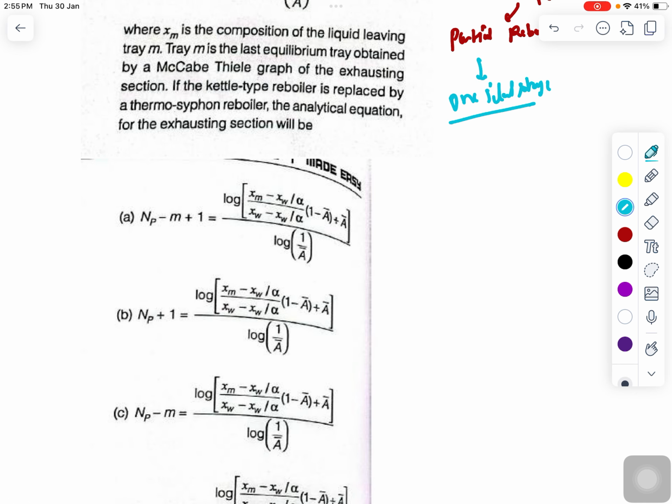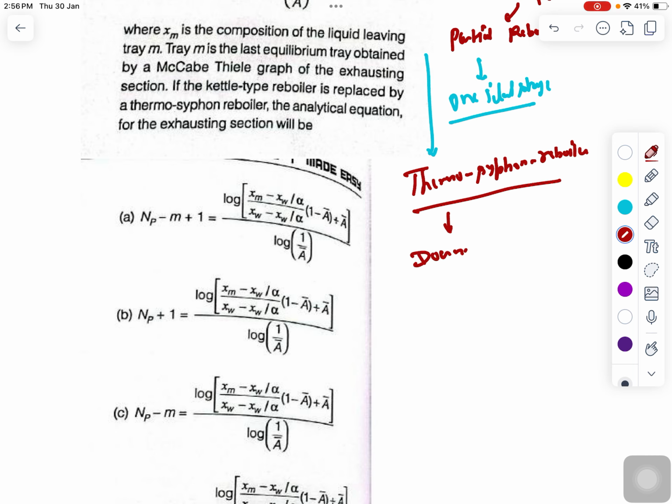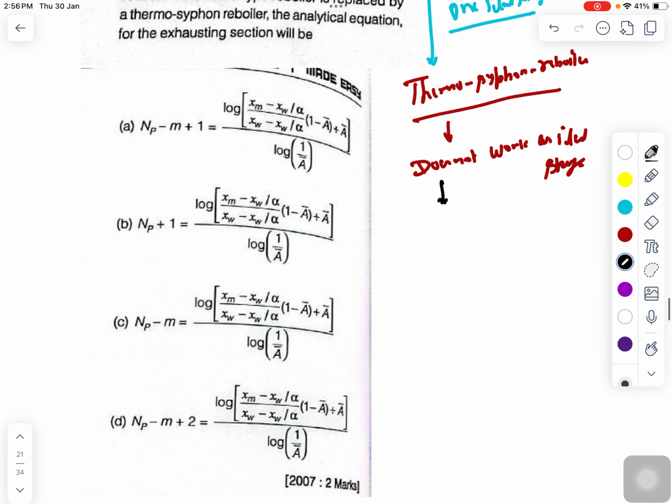So if I am replacing the partial reboiler, that is the kettle type reboiler, by a thermosiphon reboiler, in that case you can say that this does not work as an ideal stage. So when we talk about the number of stages calculation, you have to subtract 1. So if I subtract 1, np minus 1, you will get np minus m. So this one will be your correct option. Option C will be your correct answer.